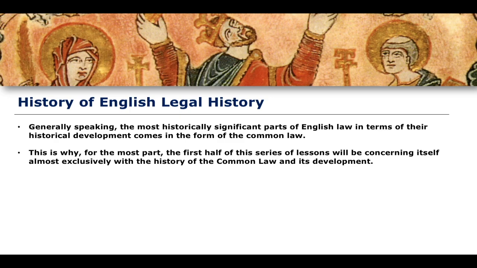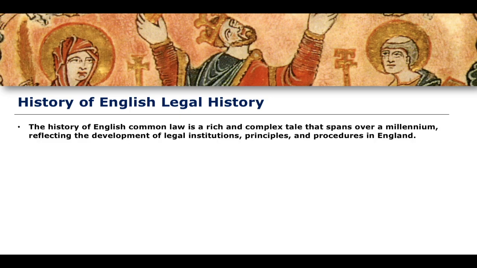We're going to be charting a good 1,000+ year history, and generally speaking, the history of the common law has a particularly long, rich, and complex development. Okay, its development begins officially, where we can say, right, the common law begins, in the Angevin Empire of Henry II.